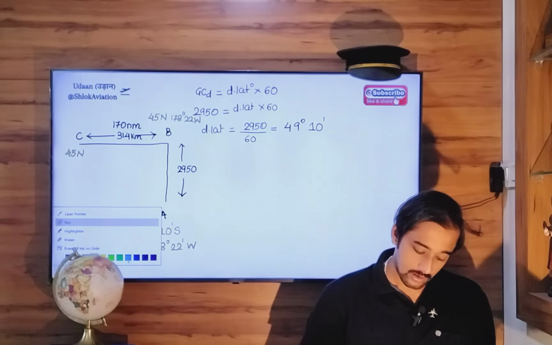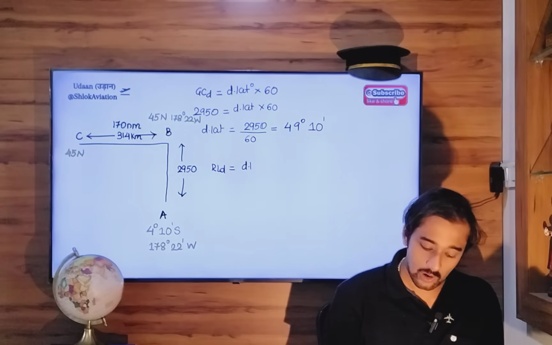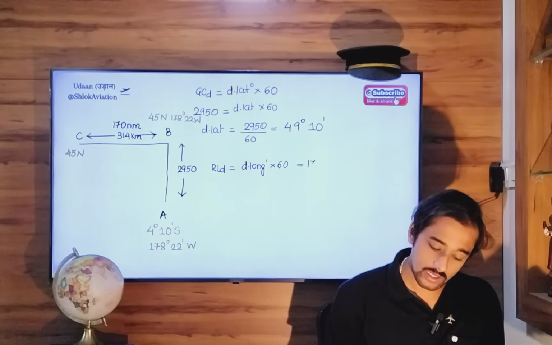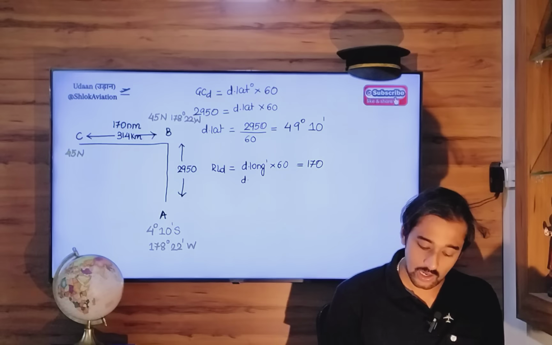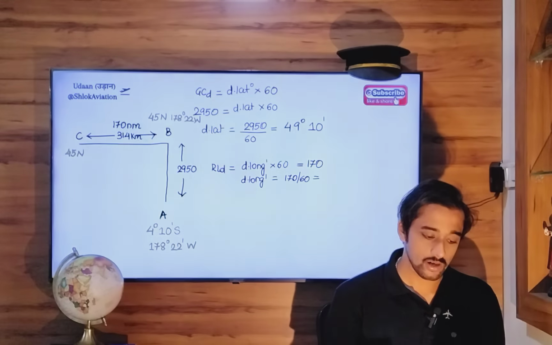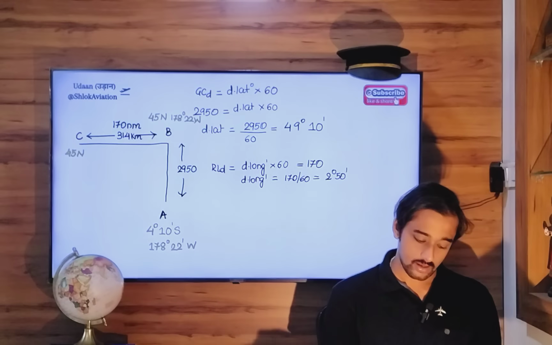So now here we will use the departure distance formula: d long in minutes into 60 is equal to 170. So d long in minutes equals 170 by 60, which is equal to 2 degree 50 minutes. Right?